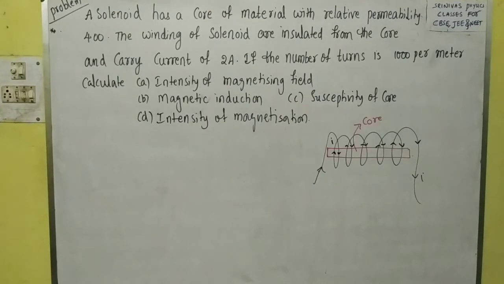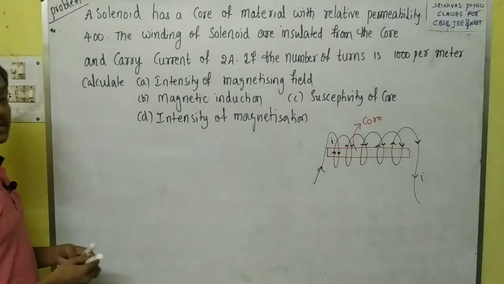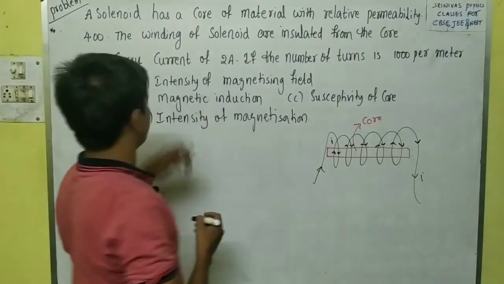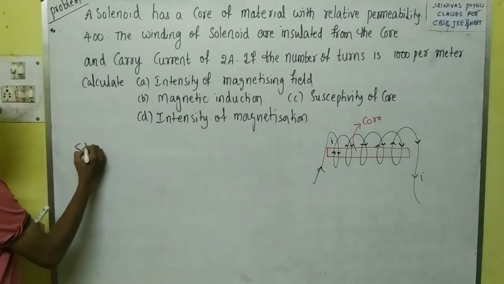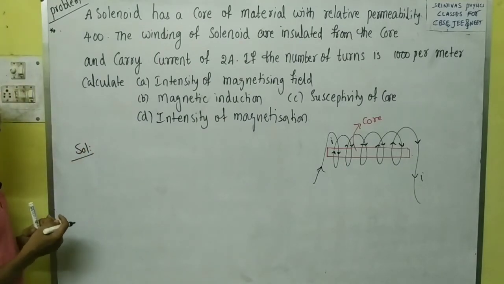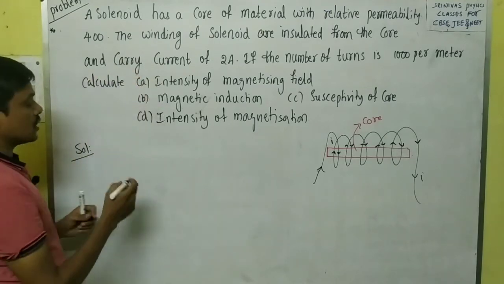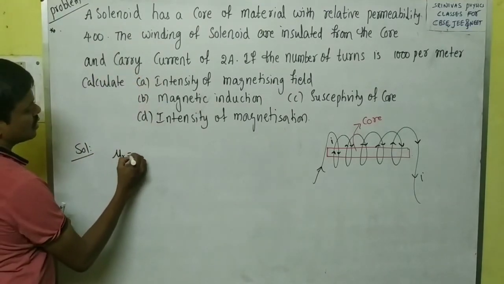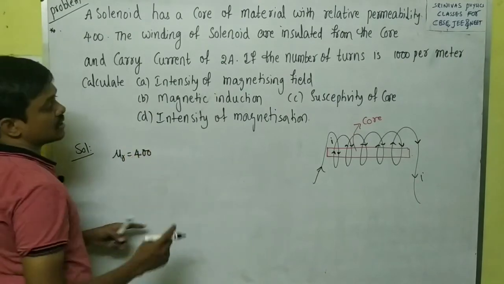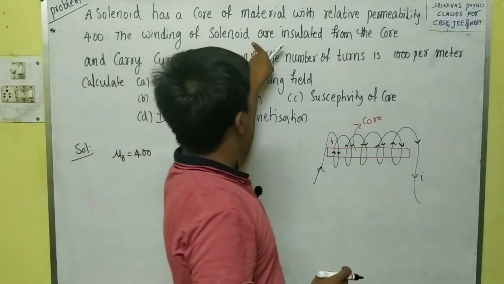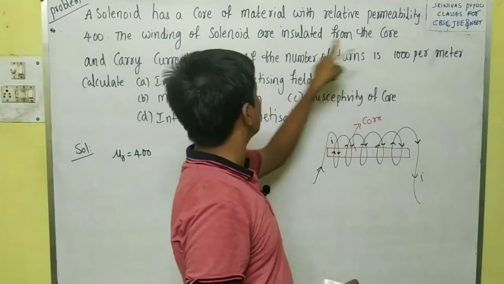Let us see one problem based on the concept that we discussed today. A solenoid has a core material with relative permeability 400. When you want to solve any problem, first try to understand the question and write the given values. The winding of the solenoid is insulated from the core.